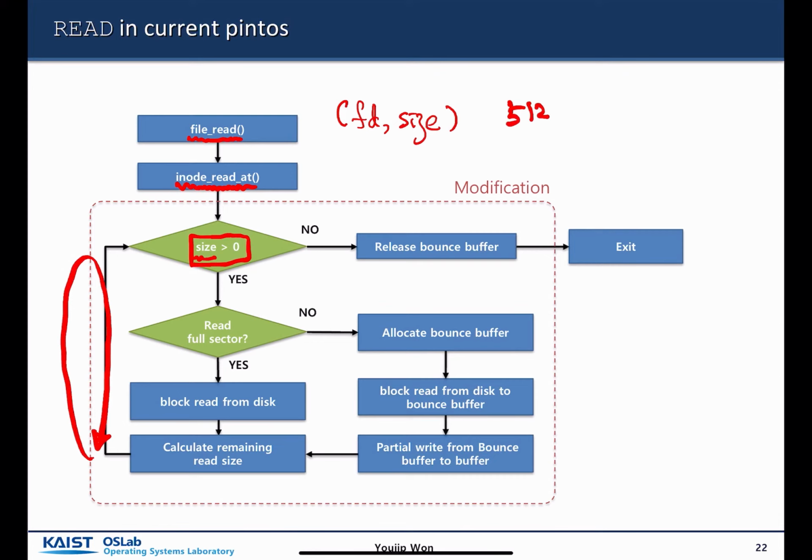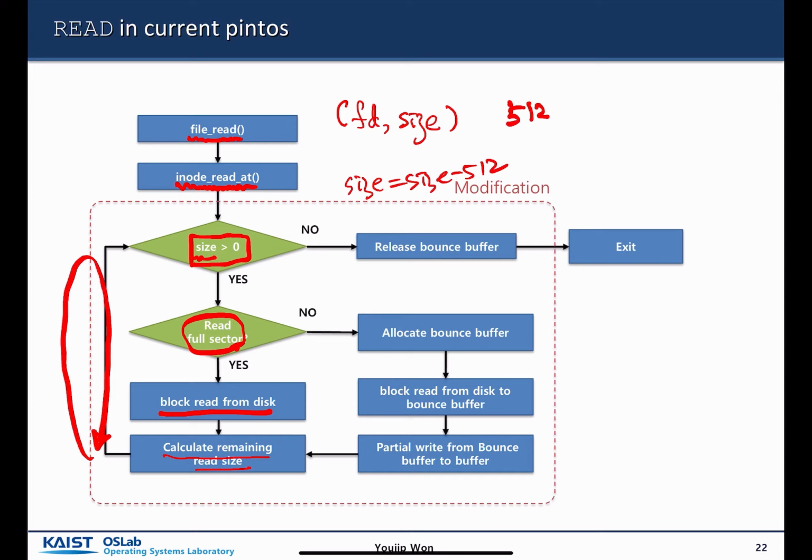So each time the size decreases by 512 bytes. So eventually the size becomes 0 or negative. So it reads the full sector, block read from the disk, and computes the remaining read size. If the size of the read is still greater than 0, then it reads the full sector again.